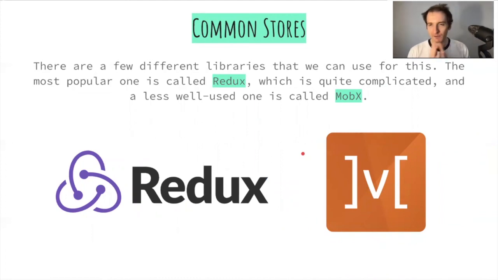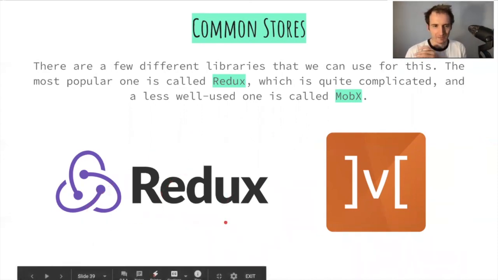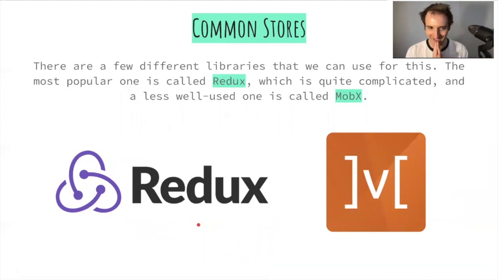So in React, there are a couple of really common stores that people tend to use. There's a library called Redux, which is probably the most common solution to this problem. Redux is super complicated. I'm going to mention this in the last lecture of this course.